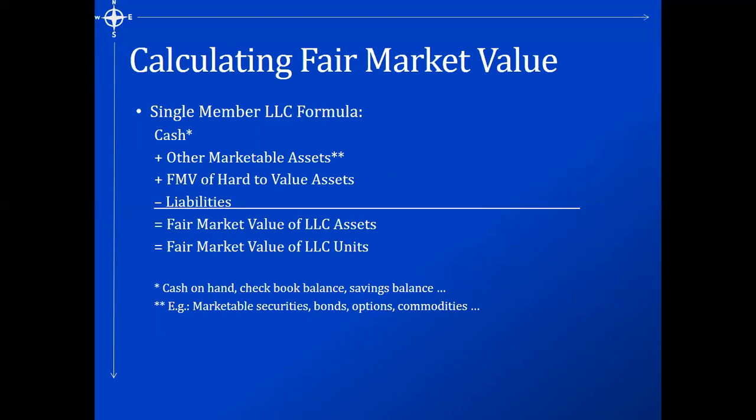Then you take off your liabilities, and you get your fair market value of all the LLC assets, and that is also the fair market value of your LLC units, because the LLC units are essentially valued at the same amount as the underlying assets held by the LLC in a single member LLC situation.